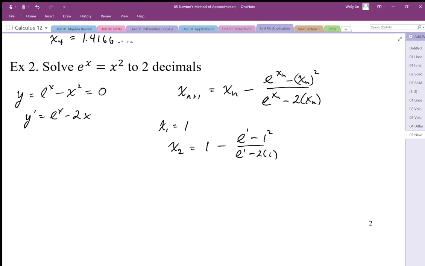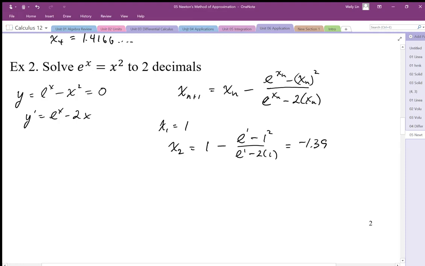Looks like I'm going to get a negative here. I get negative 1.39, etc.